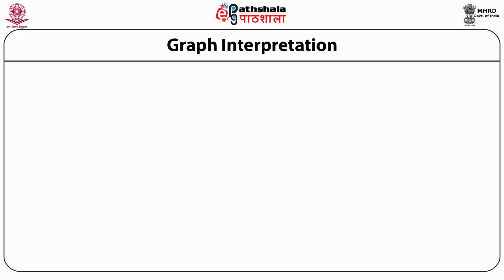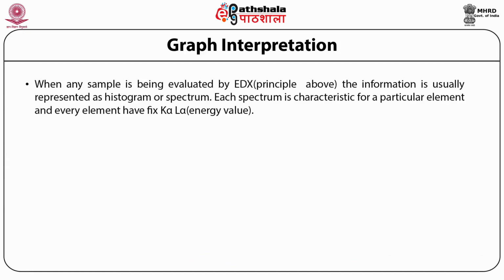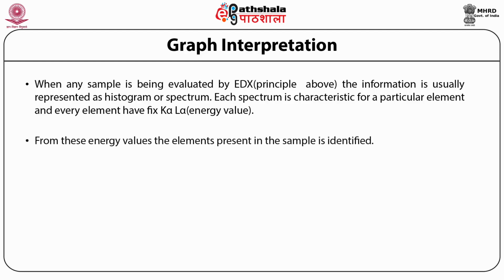The interpretation of the graph. When any sample is being evaluated by EDAX, the information is usually represented as a histogram or spectrum. Each spectrum is characteristic of a particular element and every element has fixed K alpha, L alpha energy values. From these energy values, the elements present in the sample are identified.